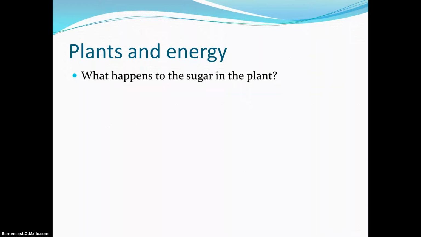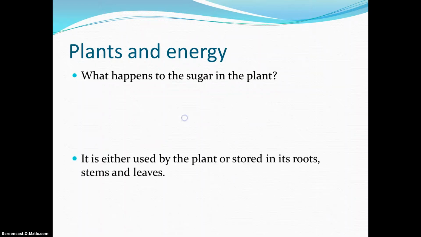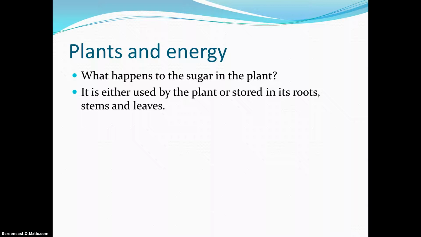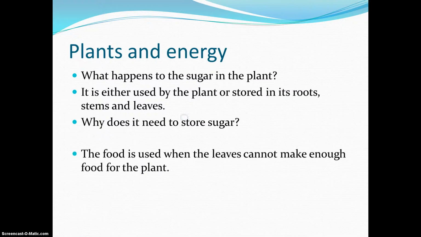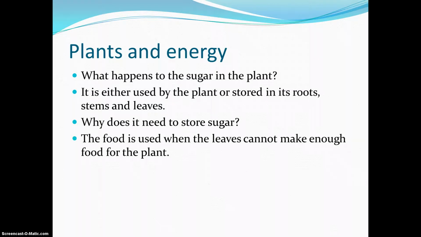What happens to the sugar in the plant? It is either used by the plant or stored in its roots, stems, and leaves. Why does it need to store sugar? The food is used when the leaves cannot make enough food for the plant. For instance, during winter.